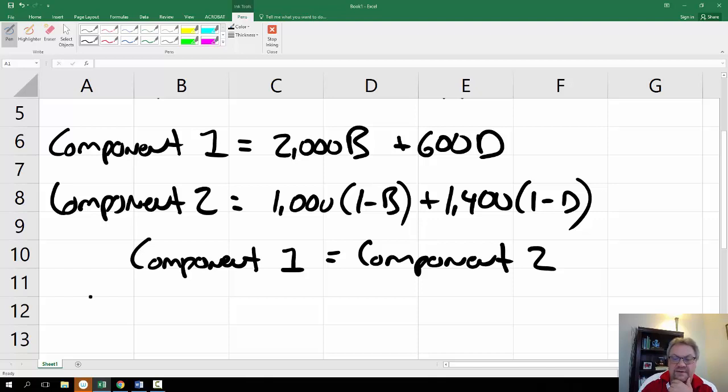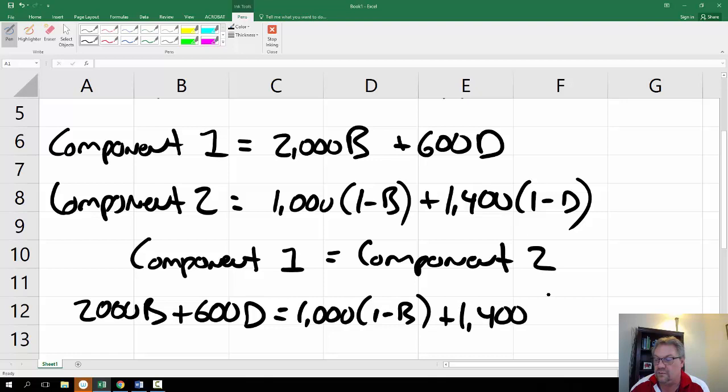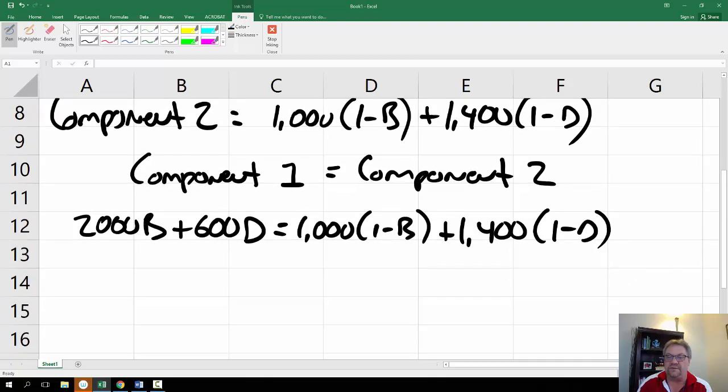So then I just set these equations equal to each other. So I just had 2,000B plus 600D equal to 1,000(1 minus B) plus 1,400(1 minus D). And then I'm just going to solve this.